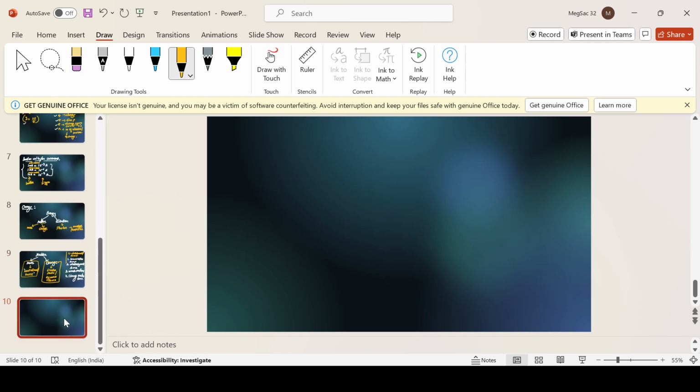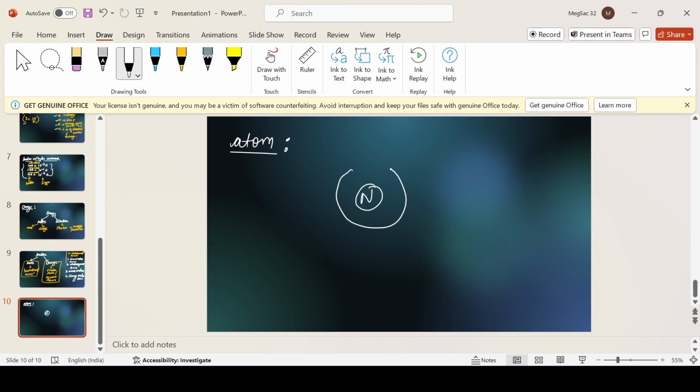Now, again, come to this part. Charge is the fundamental part of the matter. Now where is this charge found? This charge is found in the atom. In the atom we have the nucleus, and there are the orbits in which we find the electrons revolving around it.